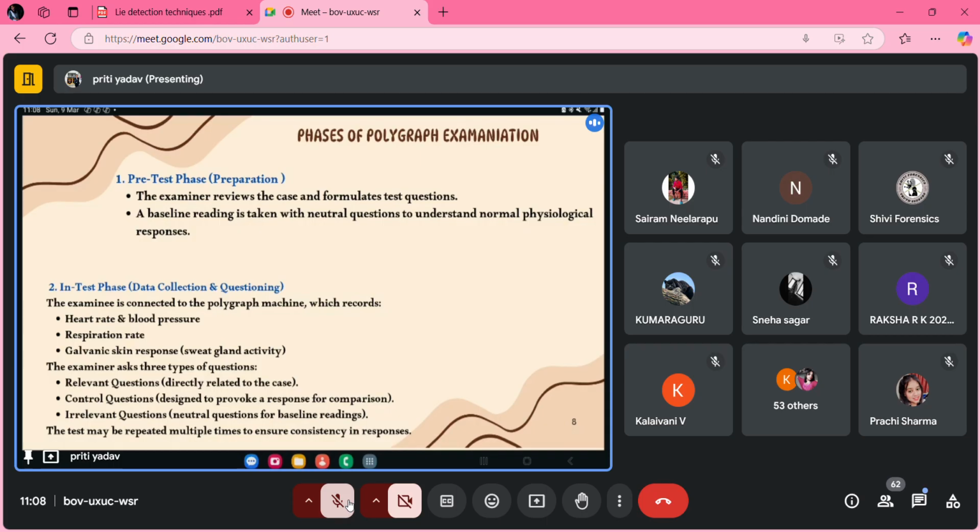These are designed to provoke, like: have you hurt someone in anger? And the irrelevant questions, such as: are you 30 years old, or do you live in an apartment? These types of questions are neutral and not related to the crime. They only help establish a baseline.